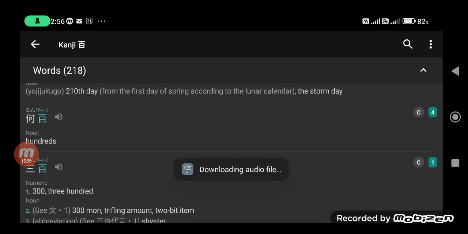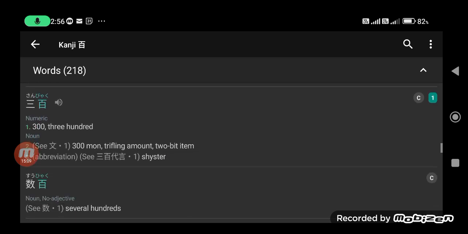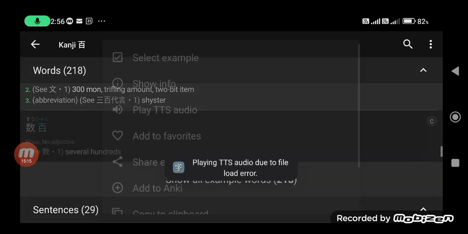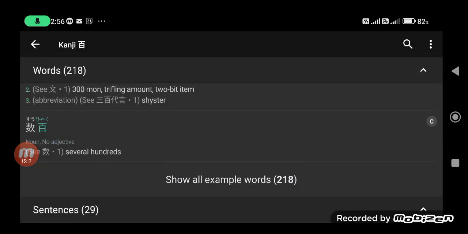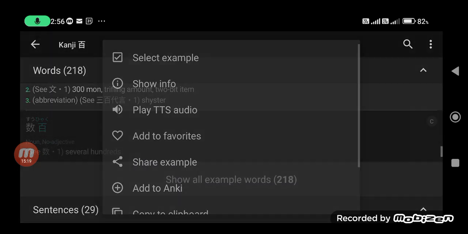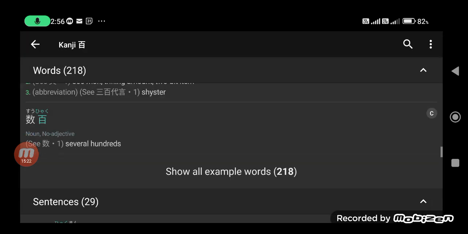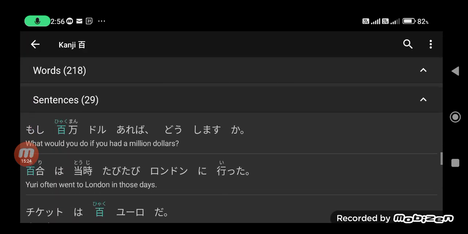何百, hundreds. 三百, 300. 数百, several hundreds. So we will just have the reading for the first 3 sentences, and for the following sentences, please just screenshot them.